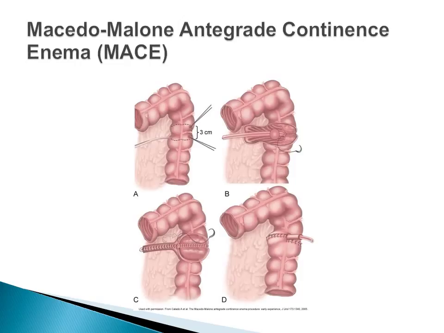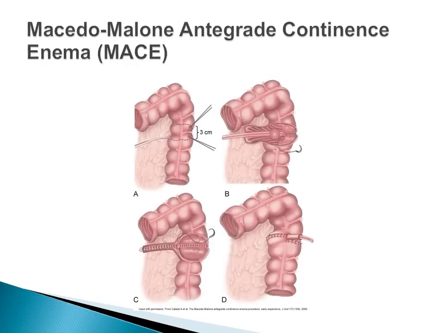What this is for is to improve continence in patients who usually have fecal soiling secondary to some kind of permanent damage, either neuropathic damage or some kind of abnormality of the anal sphincter.